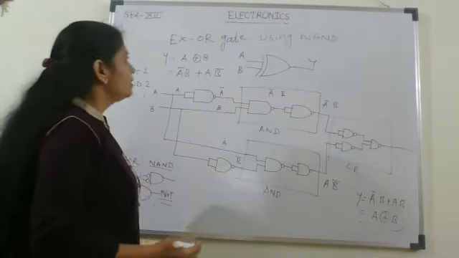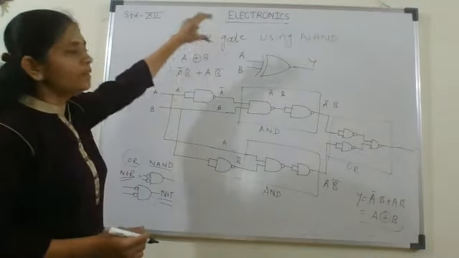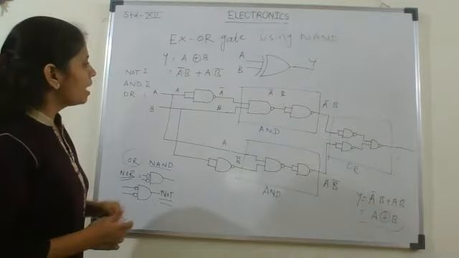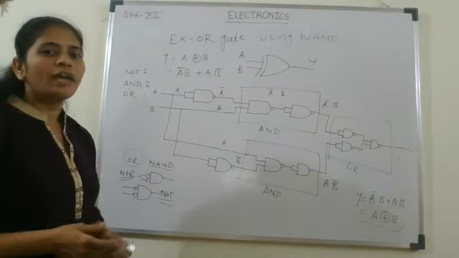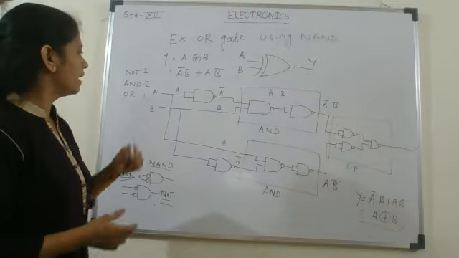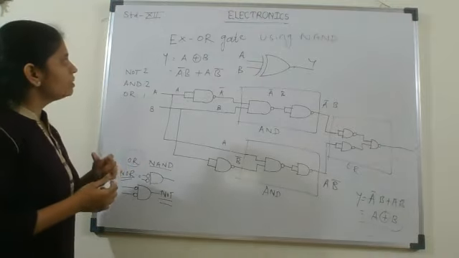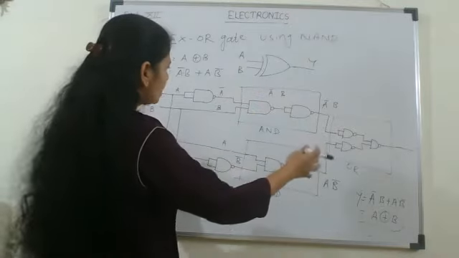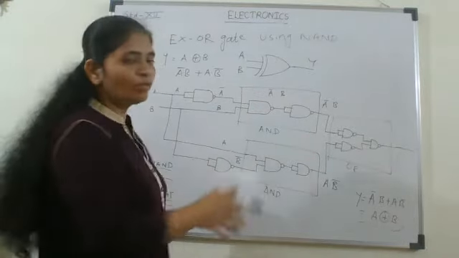So finally we can derive XOR gate using NAND gate, and this is the diagram of XOR gate using NAND gate, and we can also derive this XOR gate using NOR gate. So this diagram is a little bit complicated. First of all, what we have to do?